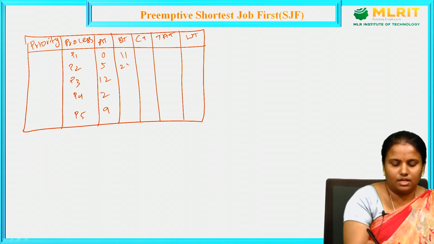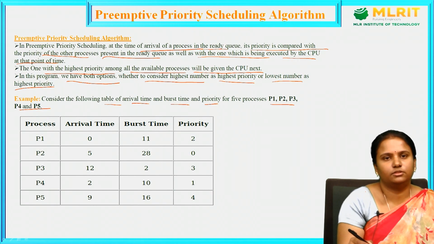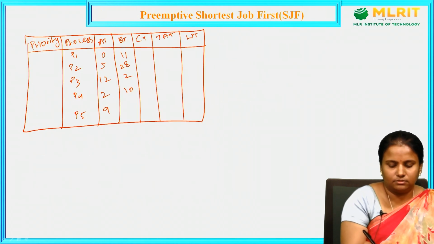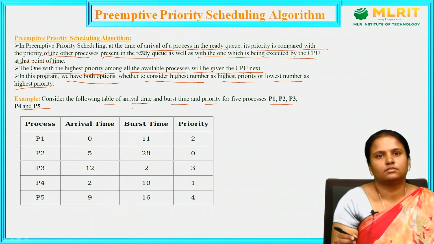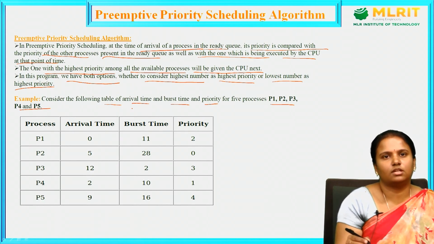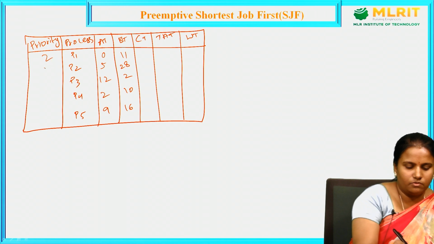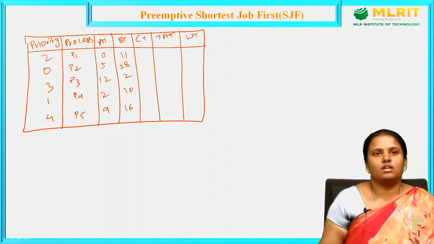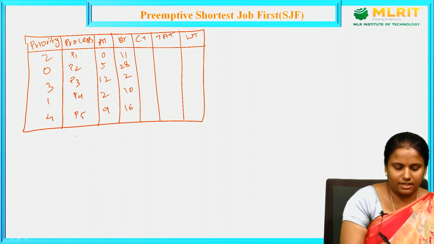The priorities are 2, 0, 3, 1, 4. Based on these values, we need to start our Gantt chart.